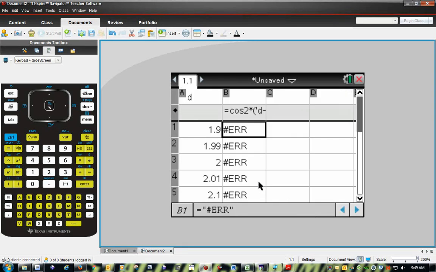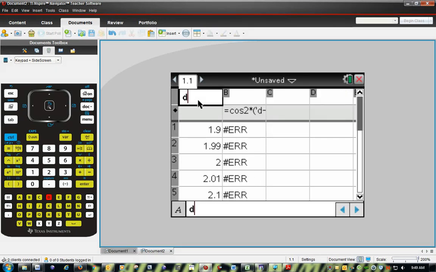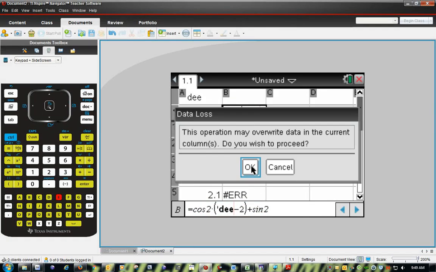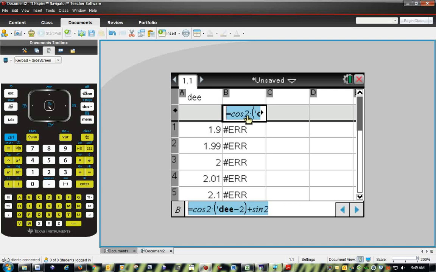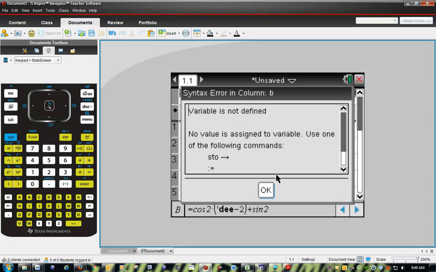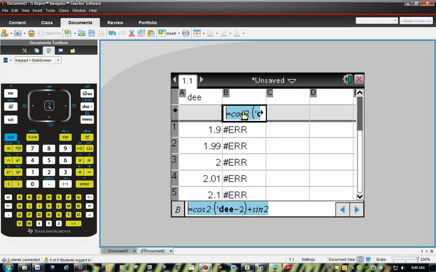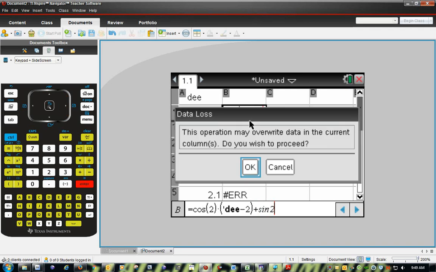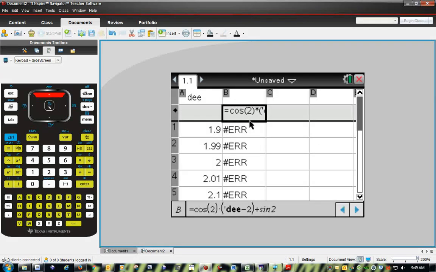Alright, I gotta change this. Ugh. What's going on here? Alright, when in doubt, delete.